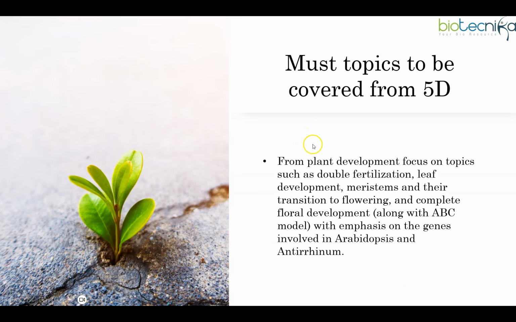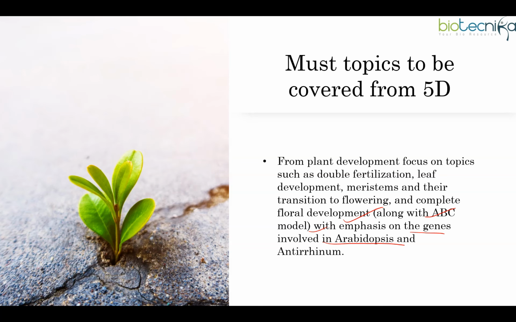From plant, must topic covered. From plant development, you should focus on double fertilization, leaf development, meristems and their transition to flowering, and also the complete floral development along with ABC model, with emphasis on the genes which are involved in Arabidopsis and Antirrhinum. So you can study the genes which are involved in embryogenesis in Arabidopsis, formation of RAM, SAM, root apical meristem, shoot apical meristem.